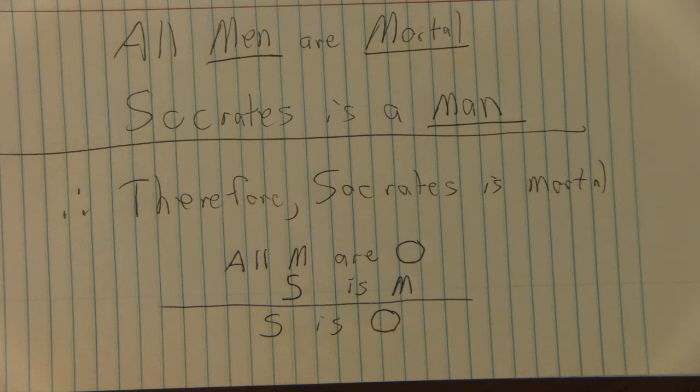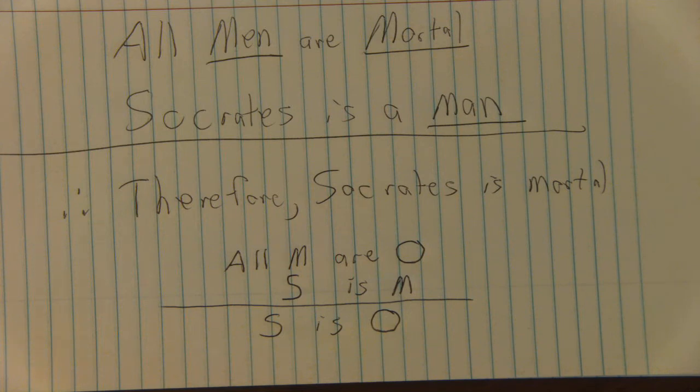The second step is to provide what are called substitution instances. What's a substitution instance? It's basically a replacement for the argument in which it's the same form, but all premises are clearly true.